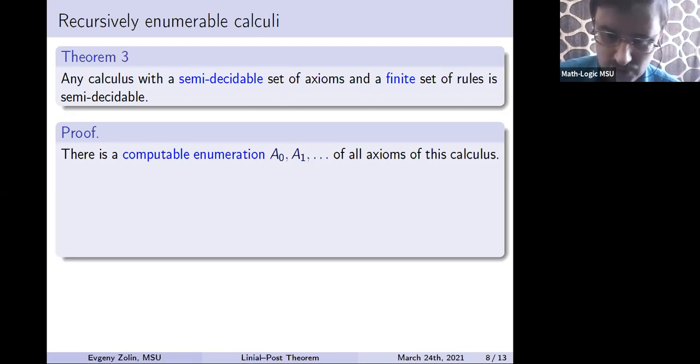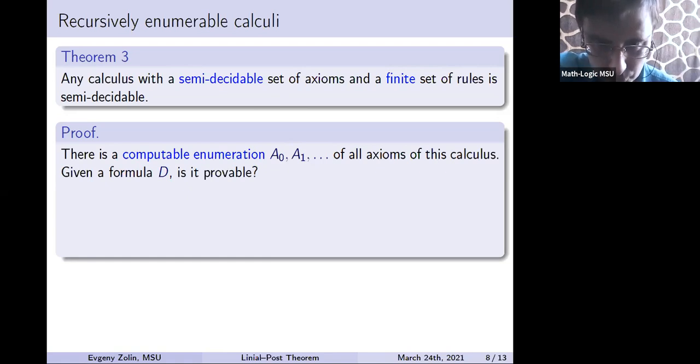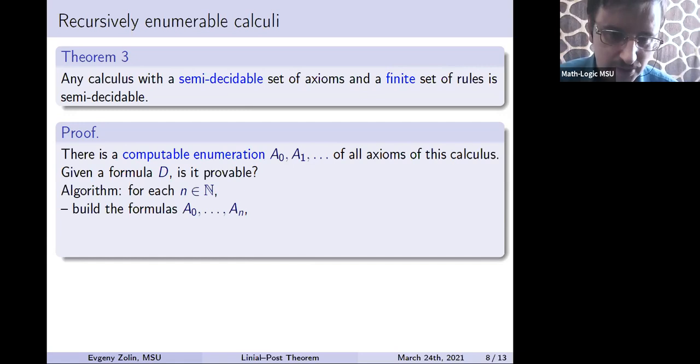And now we can use this enumeration to build all proofs. For every number n, we first build all formulas A1, ..., An, and stop here, and build all possible proofs of length at most n from these formulas using our rules, only from these formulas. Of course, if the formula is provable, it is provable from some finite number of our axioms.